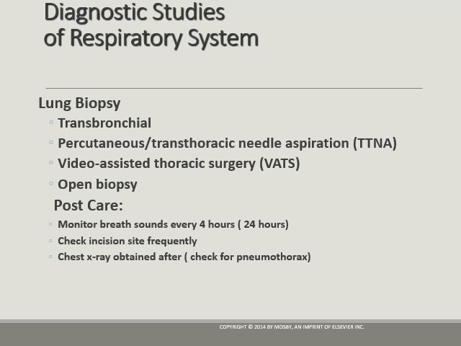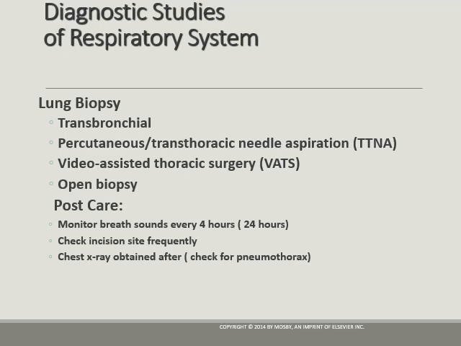Lung biopsy, this can be done transbronchial through that scope that we saw, or it can be done by a needle aspiration, or we can use video assisted thoracic surgery. VATS is what you're going to see. And then there's also an open lung biopsy. What we want to do is obtain tissue or cells and evaluate it for malignancy.